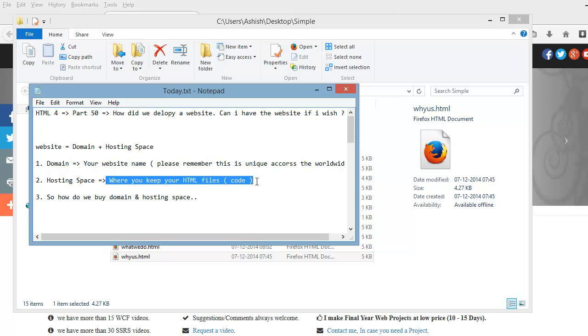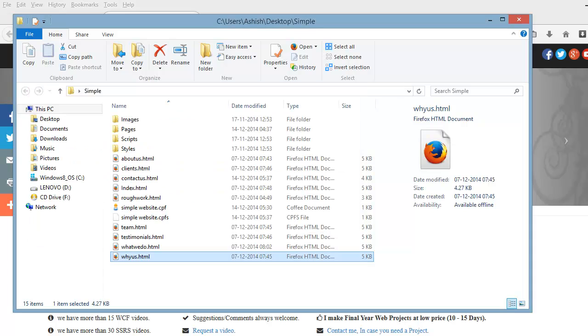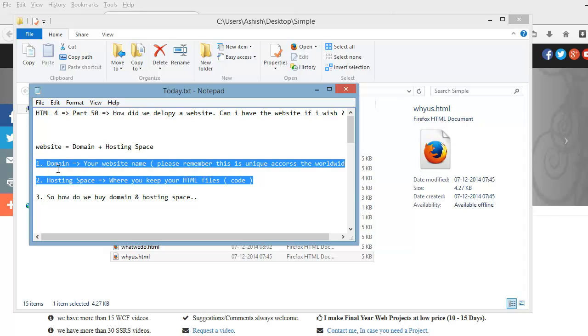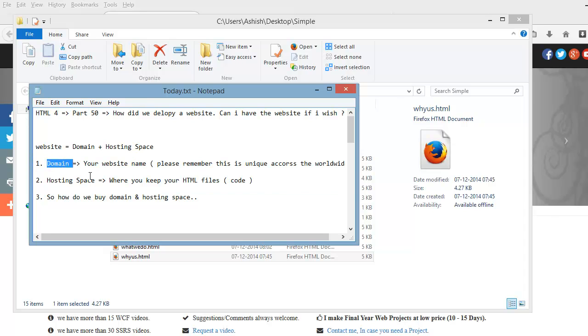In the last video you might have seen that I moved my files from local to the remote server, and that's the hosting space. So basically, in order to have a website, you need a domain name which represents your site name, and the hosting space where your code resides. This is how you can have a website.